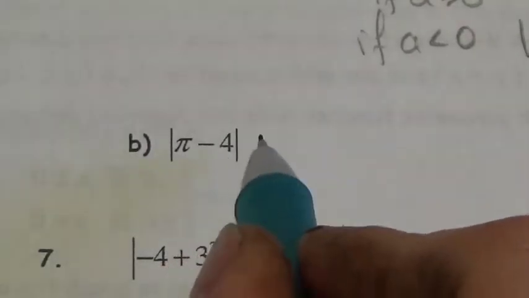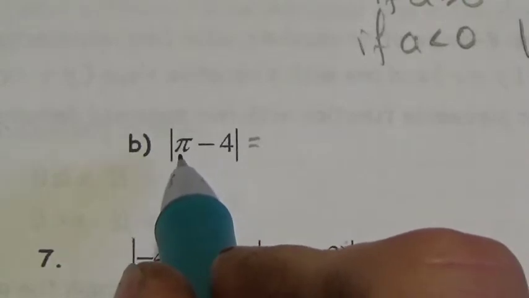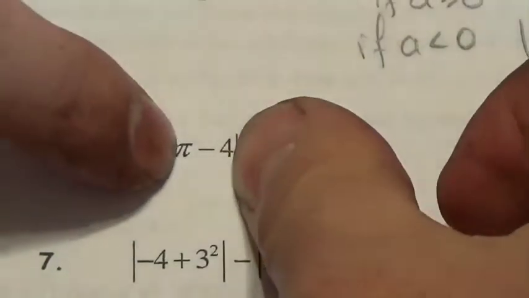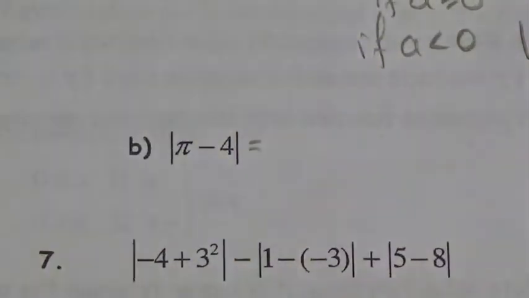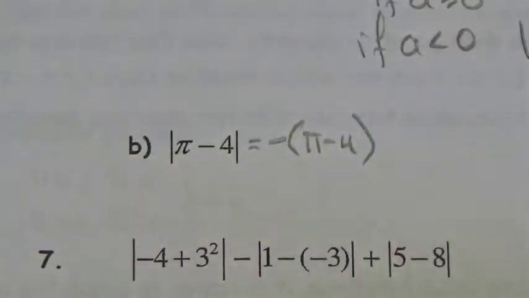For this one right there, pi minus 4, well, pi, again, is just slightly bigger than 3. So pi minus 4 is going to be a negative number. I already know that on its own is going to be negative. If it is negative, then I put a negative in front of it. It's just an if-then.